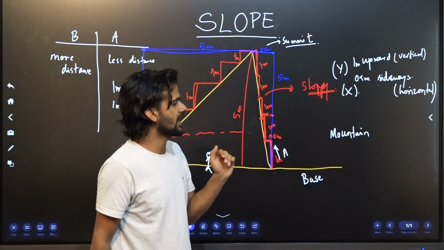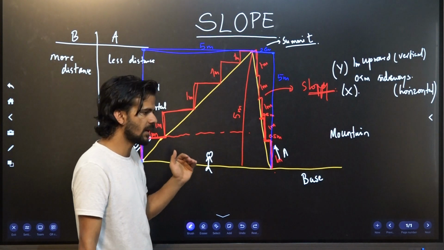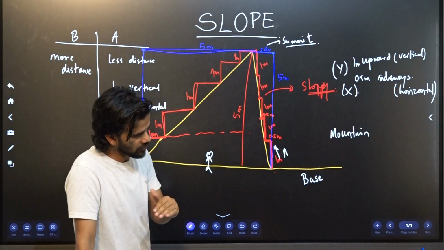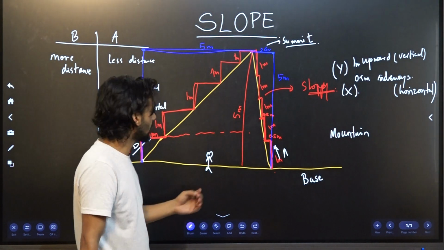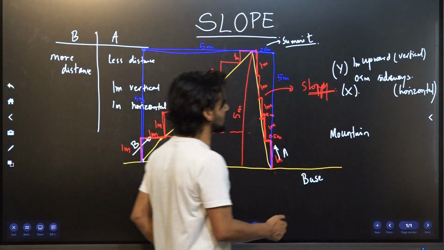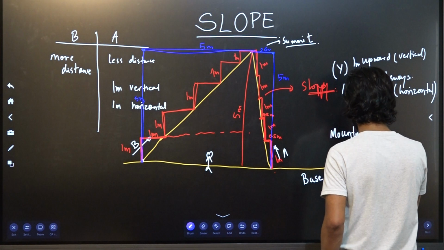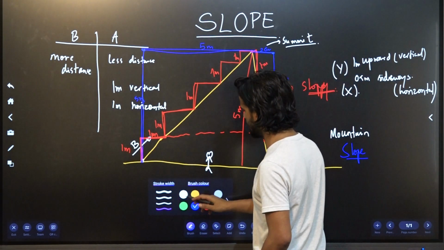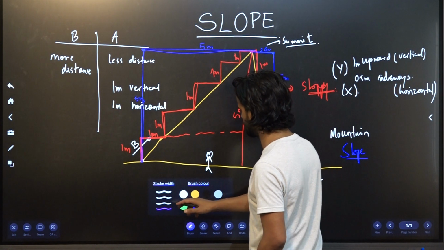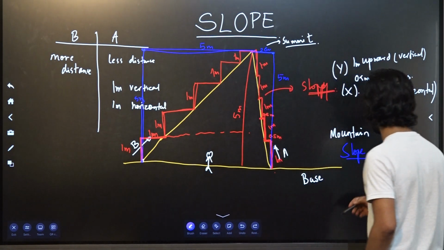Whenever you are moving in a particular direction, you are crossing both horizontal and vertical distance. Right? So whenever we talk about slope, we always have to consider both the distances.